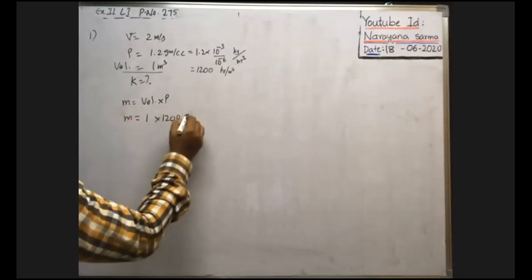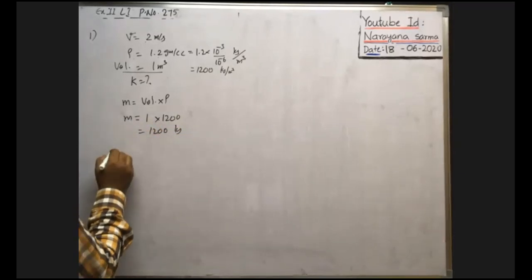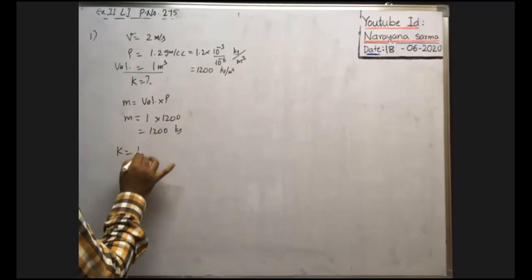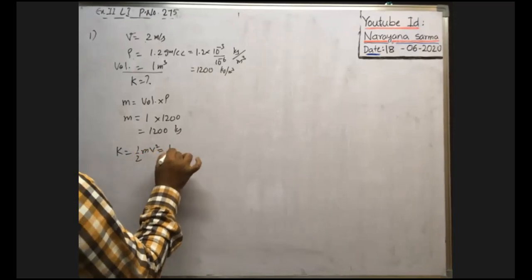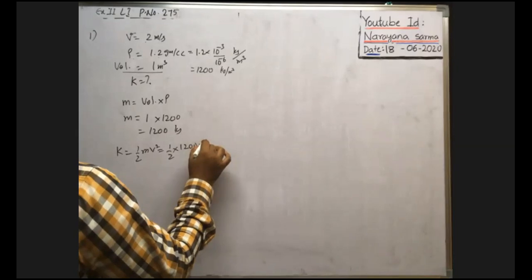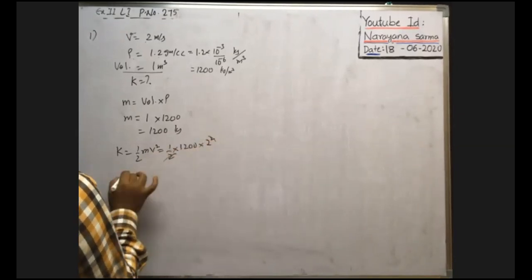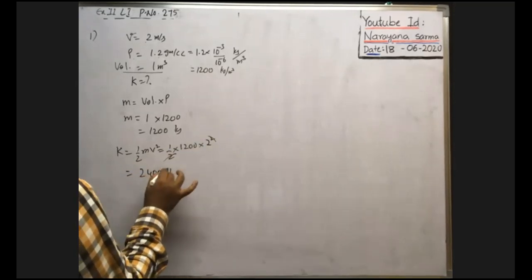So what is the kinetic energy of this amount of water they asked? Kinetic energy is equal to half m v square. So half m means 1200 into v square, which is 4. 2 square means 4. 2 cancel, 2400 joule.